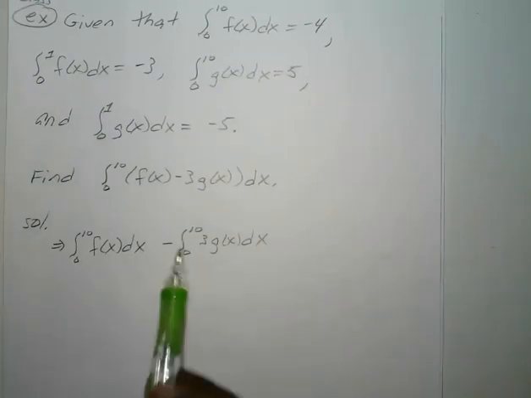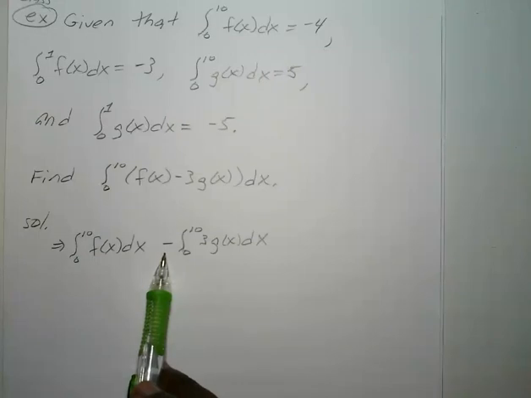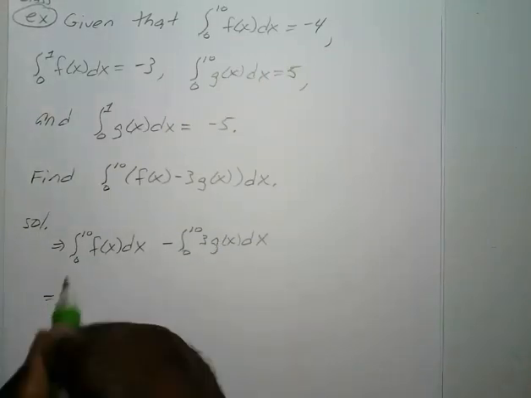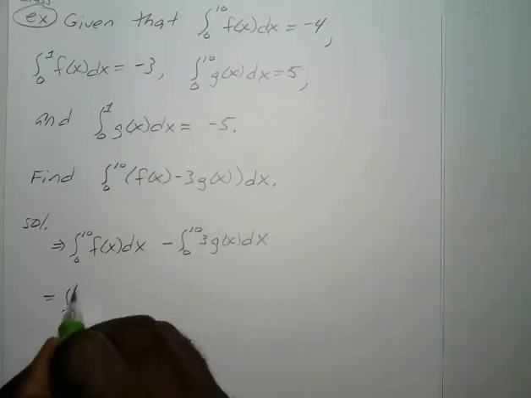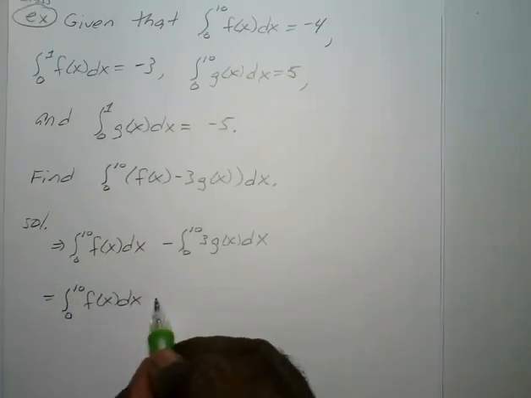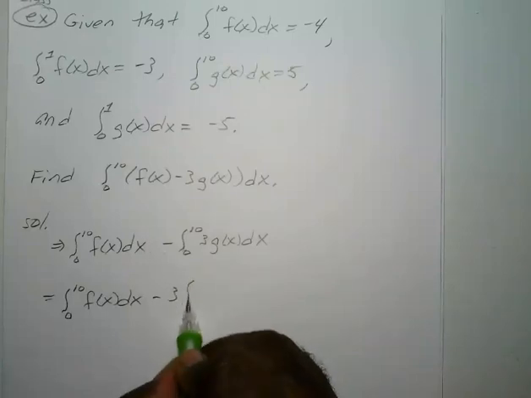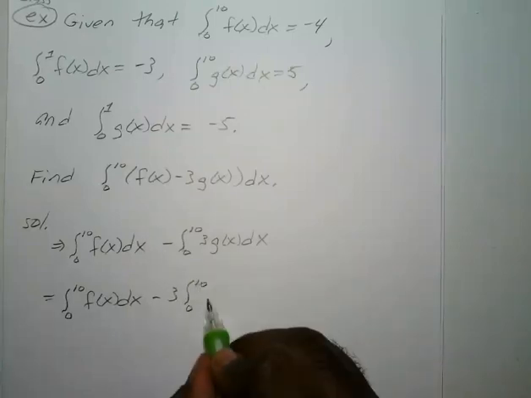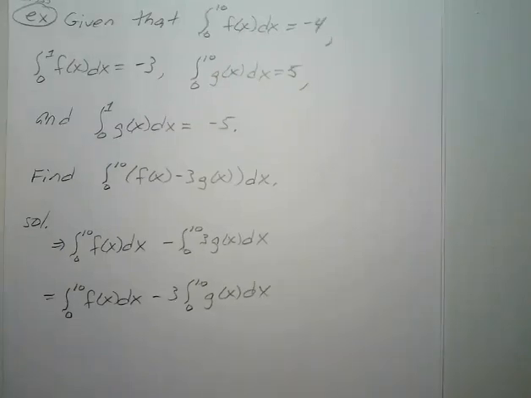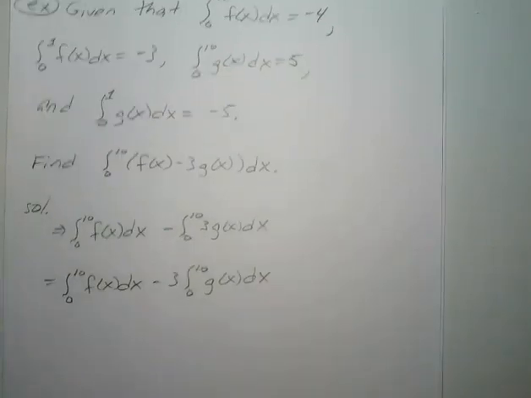All right. Well, with this one, we could have brought our constant out to the front, but I chose to do that as a separate step. So that's going to equal the integral from 0 to 10 of f of x with respect to x minus 3 times the integral from 0 to 10 of g of x with respect to x.